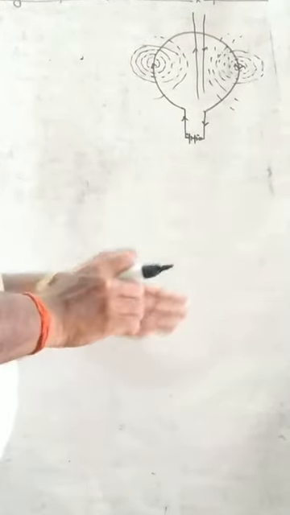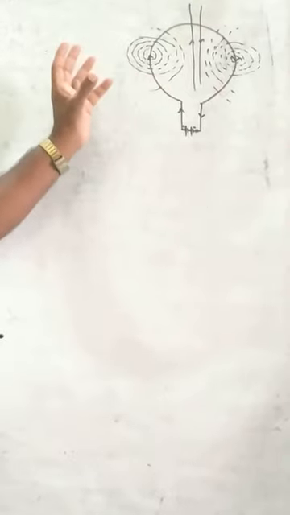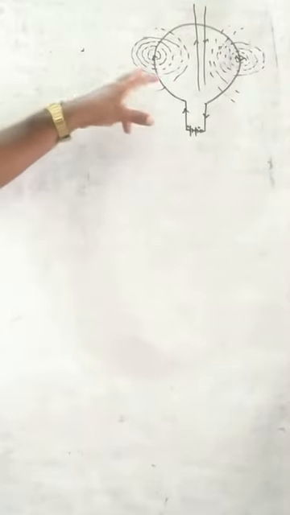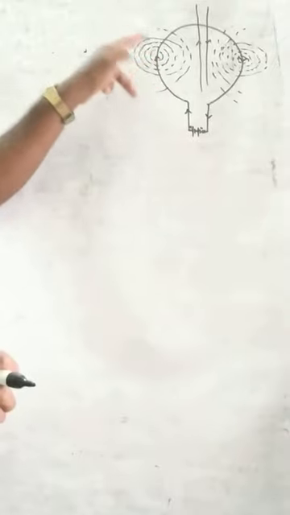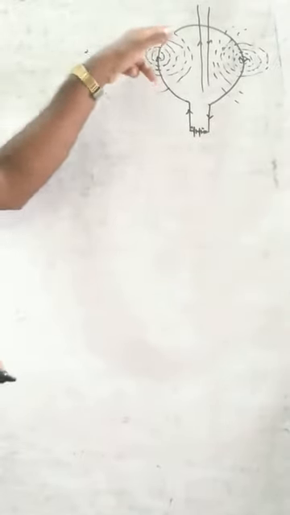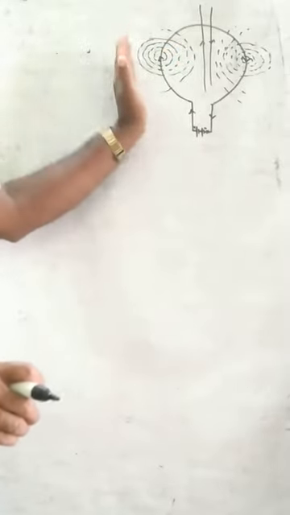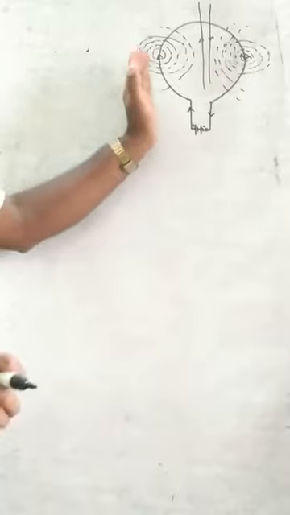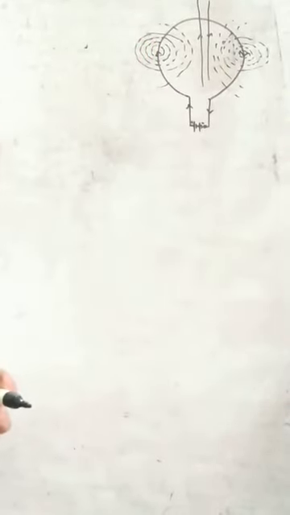Then from this arrangement of iron filings, what conclusion do we observe? Magnetic field due to a circular coil is more concentrated near the wire or near the coil, and as the distance increases, the strength of the magnetic field decreases.